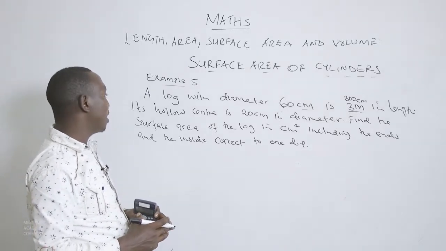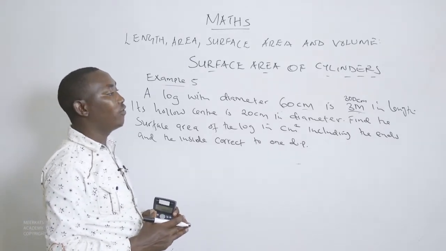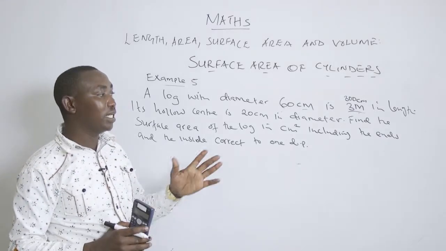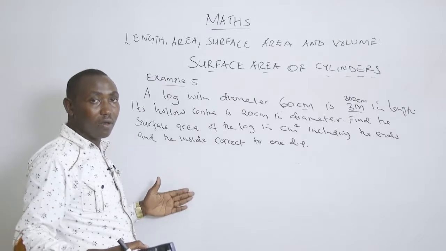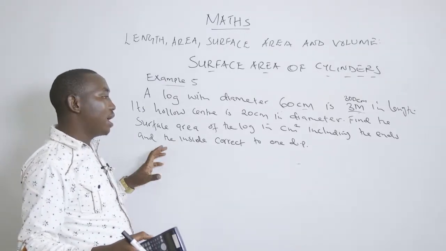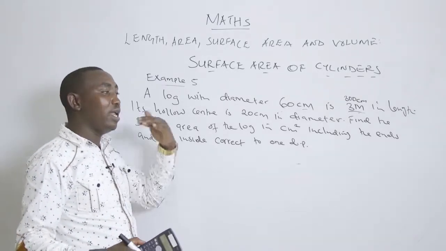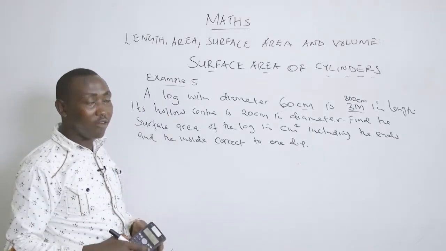We are supposed to find the surface area of the log in square centimeters, and this includes the ends of that particular log, the outer curved surface, and also the inner curved surface.